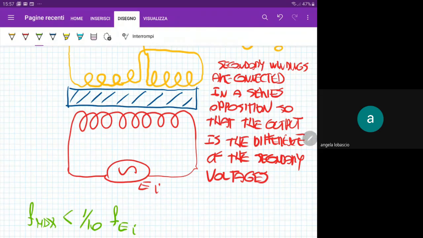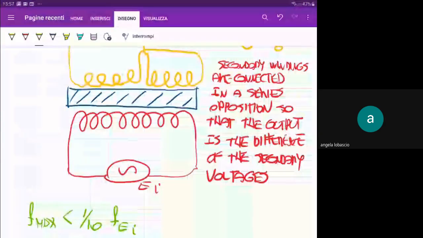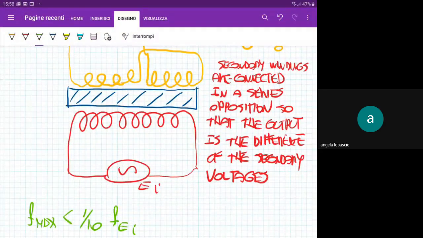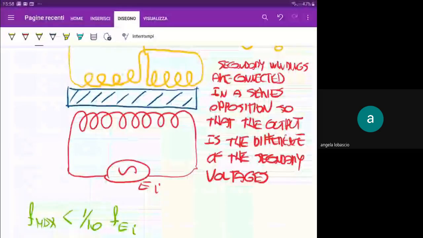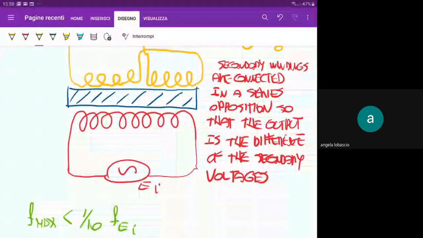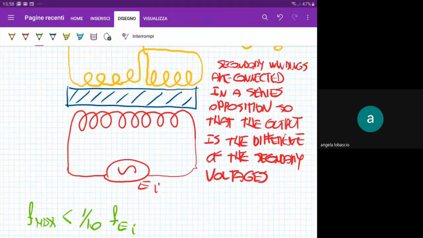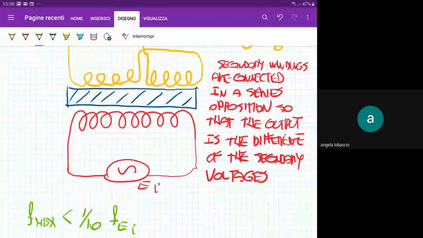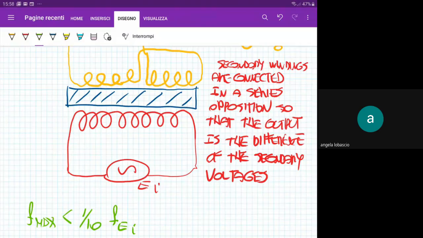I'm talking about electrical frequency. This transducer, in order to work, requires an alternating current. Remember, the potentiometer doesn't care: you can use whatever input voltage that you like, continuous or alternating. In this case, for the differential transformer, we need, of course, an alternating current.